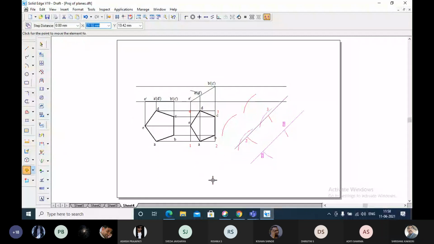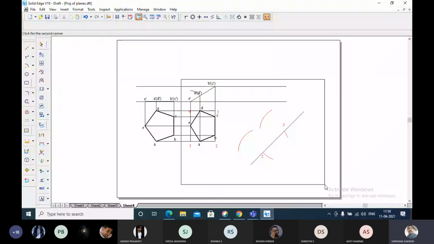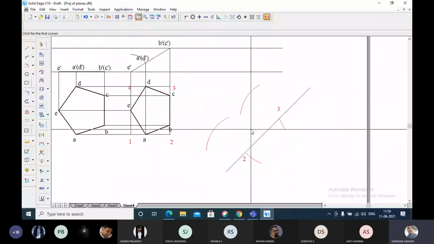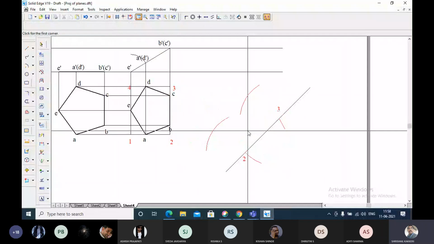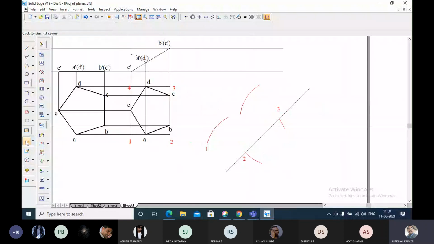Okay. Now, next, I'm transferring this particular pentagon to this position. And what is this diagonal length you point out? It is 52.12.